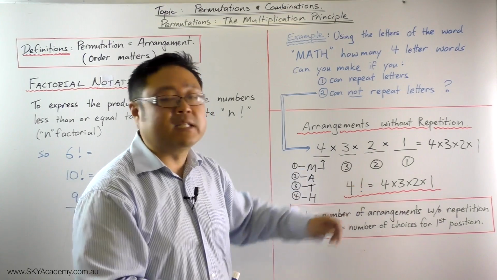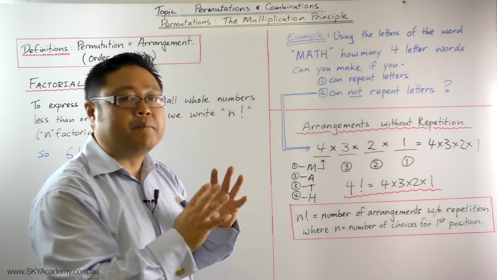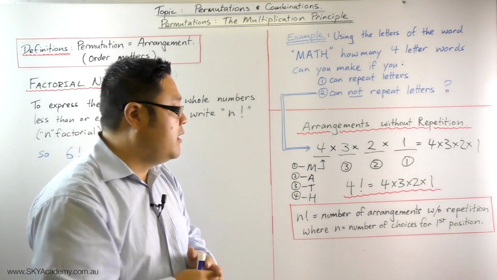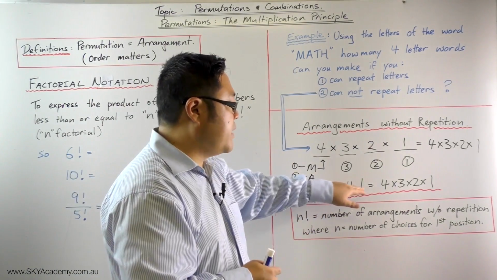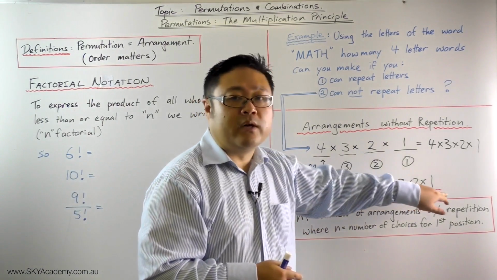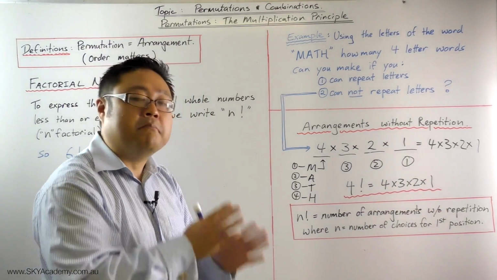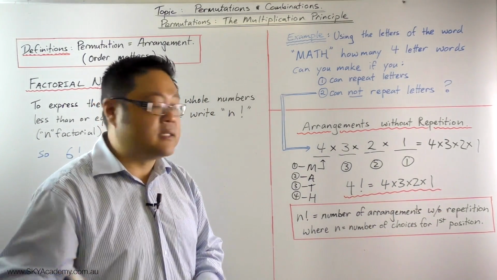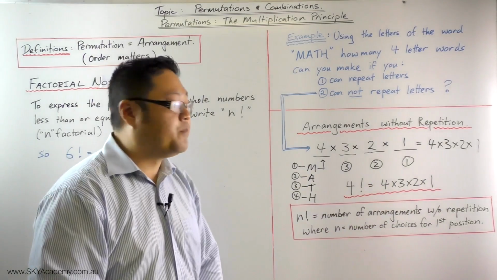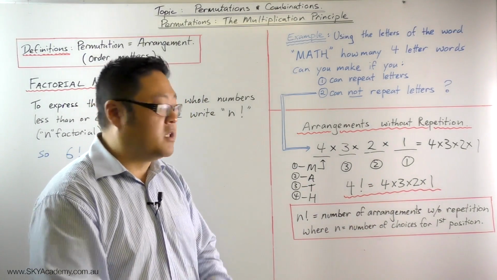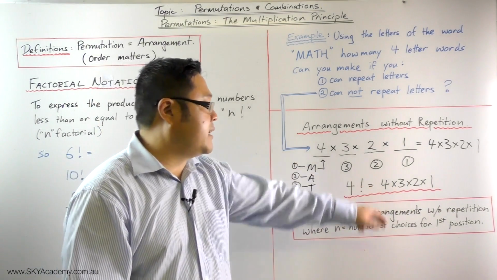That is a shorthand way of expressing 4 times 3 times 2 times 1, where you multiply each number 1 less than the starting number, until you've multiplied all the numbers that are less than that starting number.